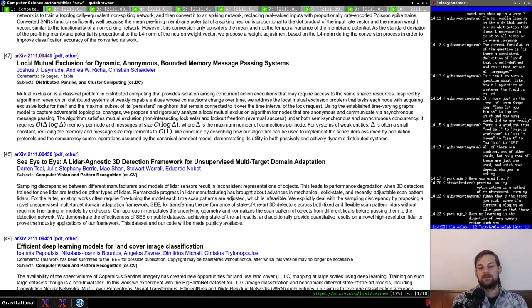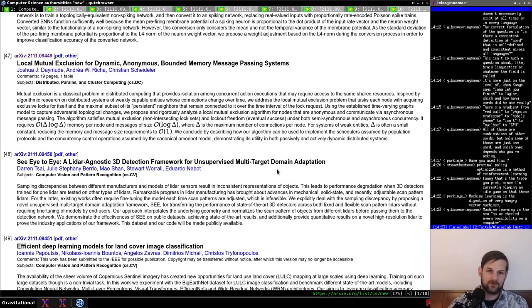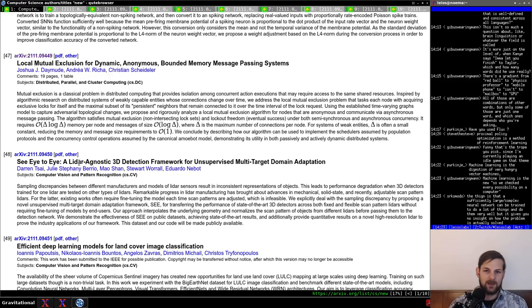It's like, oh, the real research is the machine learning that you found along the way. It's like, why is everything machine learning now? And I realize it's a trope. In the next few years, it's going to be something else, but it gets me sometimes. See, Eye to Eye, a LiDAR-agnostic 3D detection framework for unsupervised multi-target domain adaptation.